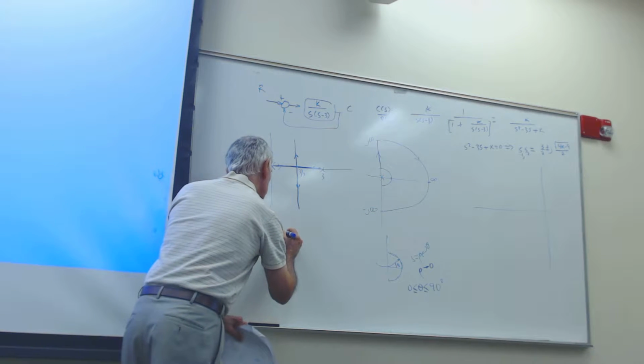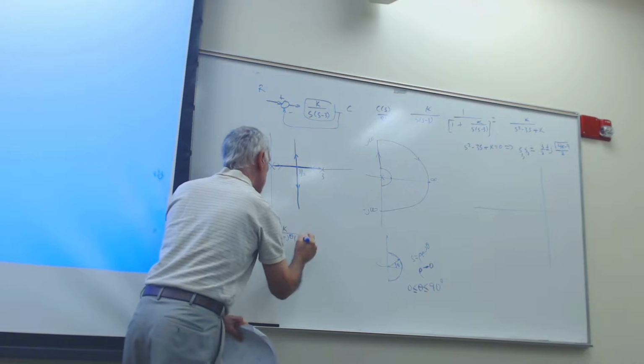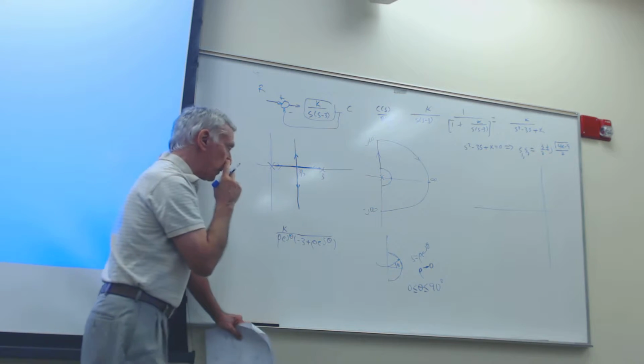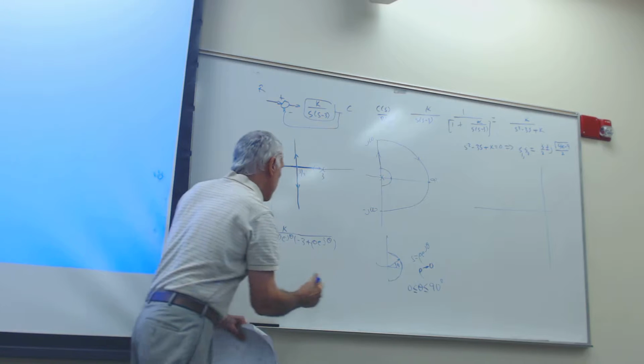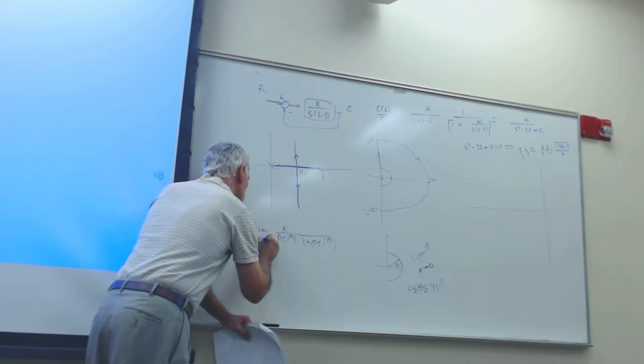So we have K over rho e to the j theta, times minus 3 plus rho e to the j theta. And we take the limit of this as rho goes to 0.